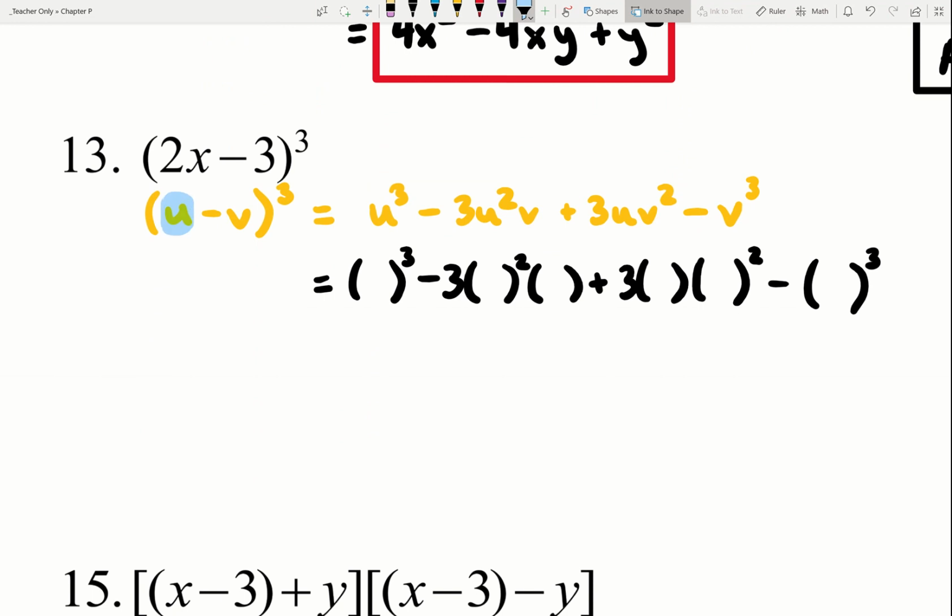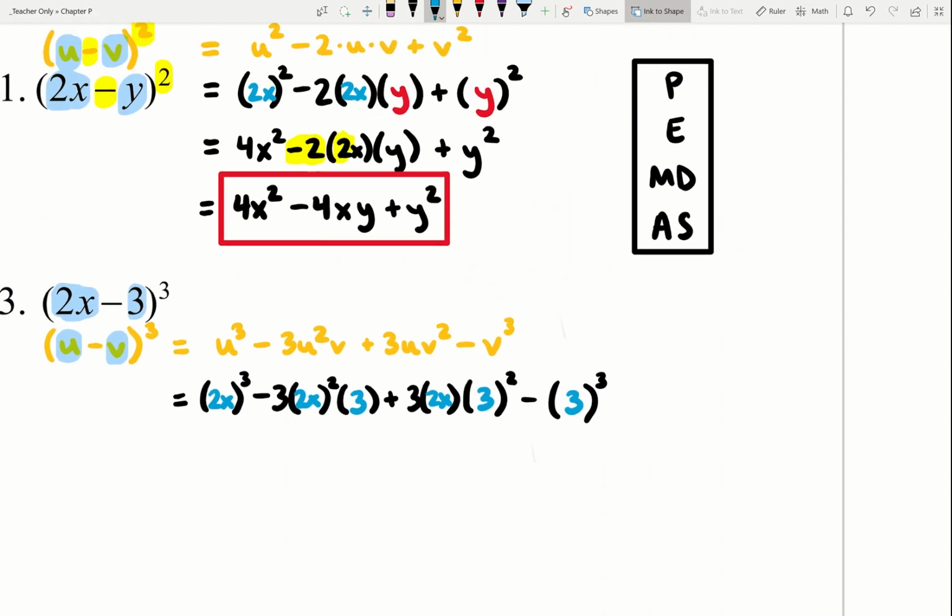So playing the role of u, what comes before the minus sign, that's the 2x. So everywhere I see a u, I'm going to put in a 2x. And so we see that sitting in a bunch of places in this formula, so we'll put that down. And then playing the role of v, of course, is what comes after the minus sign, and that's going to be 3 here. So we're going to plug in a 3 here as well. And there we go. There is the setup.